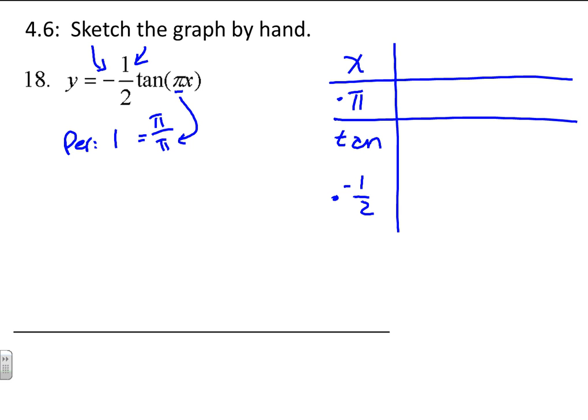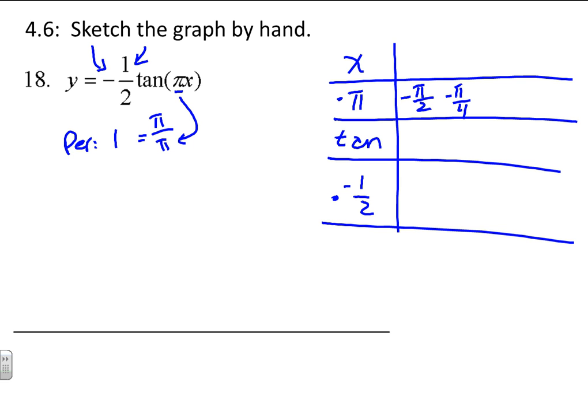And what values do I want to go into tangent? You might have to rewind to see this, but the values I like going into tangent are -pi/2, -pi/4, 0, pi/4, and pi/2. And I swear to you, I did not memorize that. Right now, I'm not looking at it, but I'm seeing it in my head.